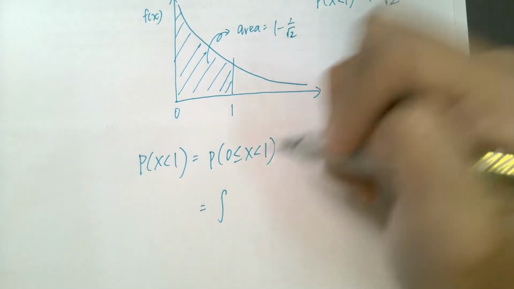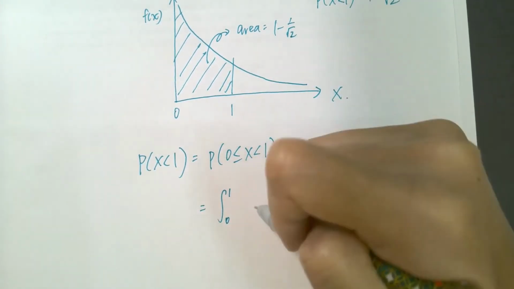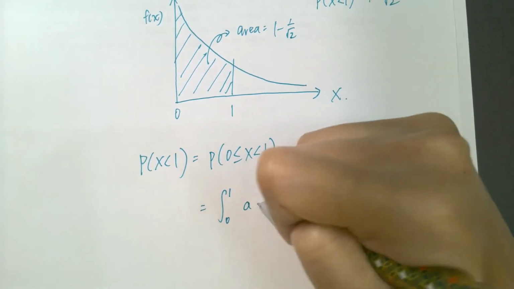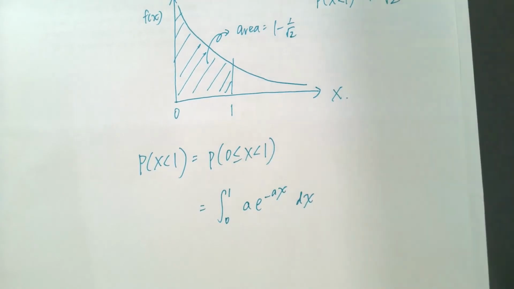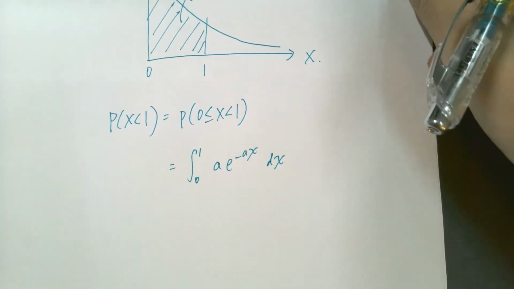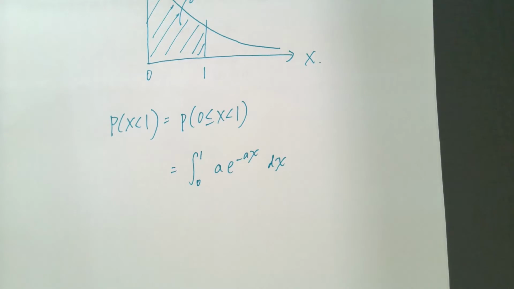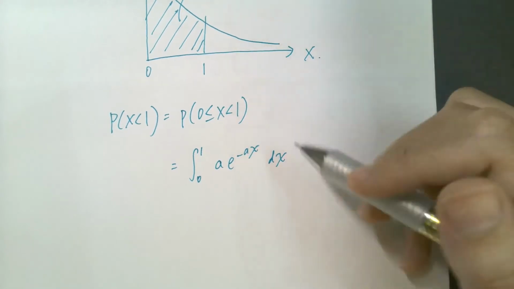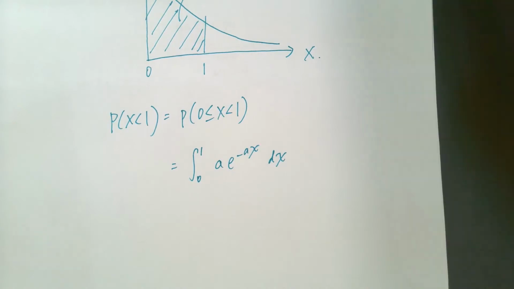So the lower bound is 0, the upper bound is 1, and our function is a e to the negative ax dx. This is how we find the probability between 0 and 1 for this particular distribution. And we also know that the value of this is equal to 1 minus 1 over square root of 2.